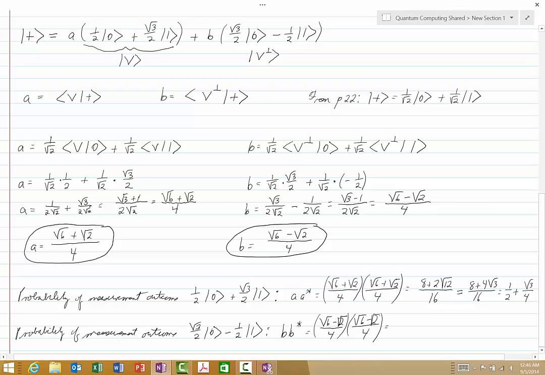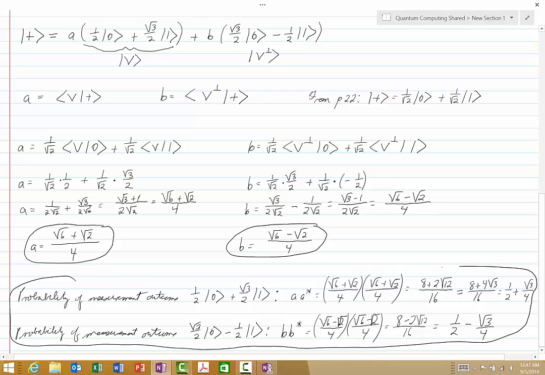And so again, square the first term, you get 6. Square the second term, you get 2, so that'll be 8 minus 2 times the square root of 12 over 16. And so that's going to end up being 1/2 minus square root of 3 over 4. And those are our answers.